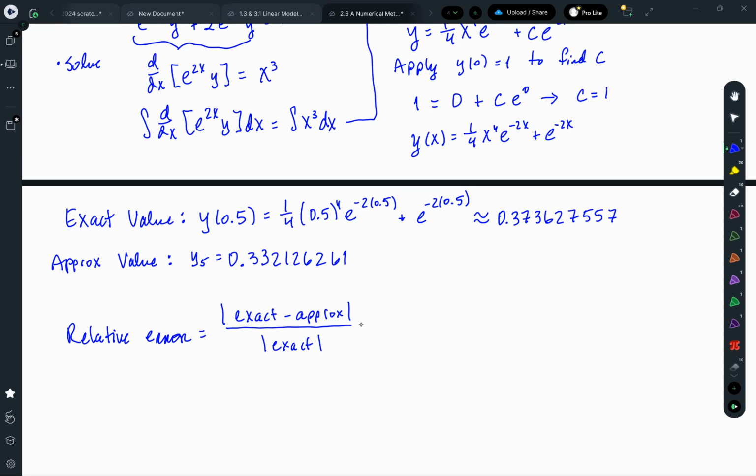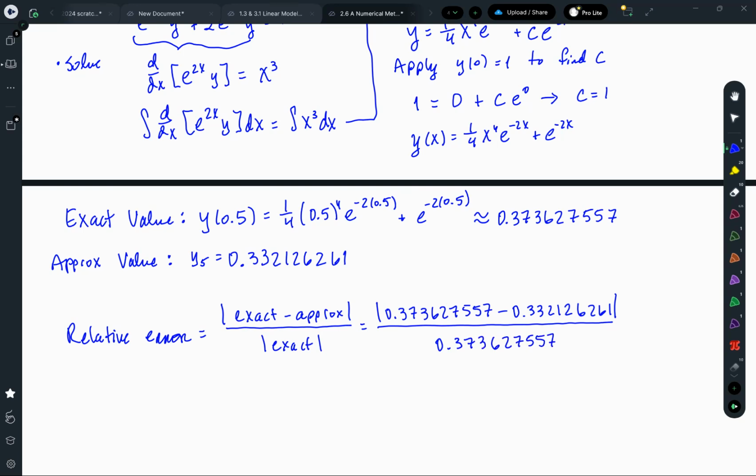Okay, so we plug those in. In the top, we have 0.373627557 minus the approximation of 0.332126261, all divided by the exact value, 0.373627557.